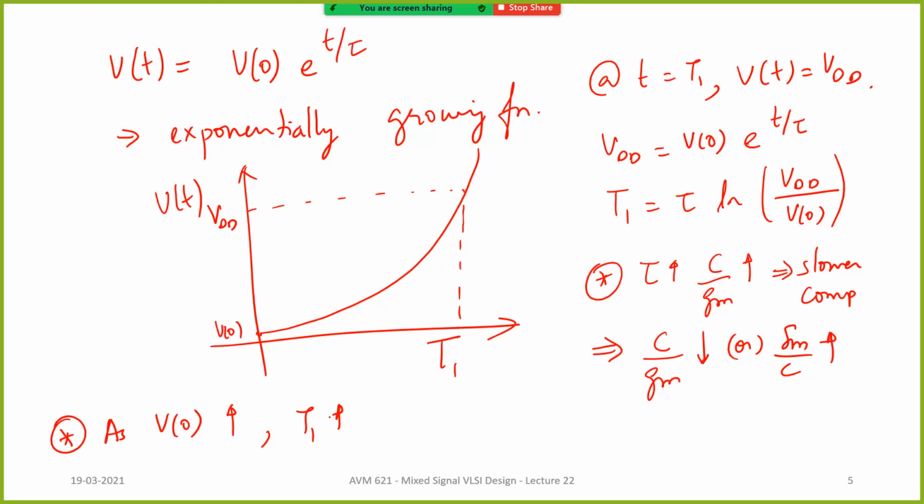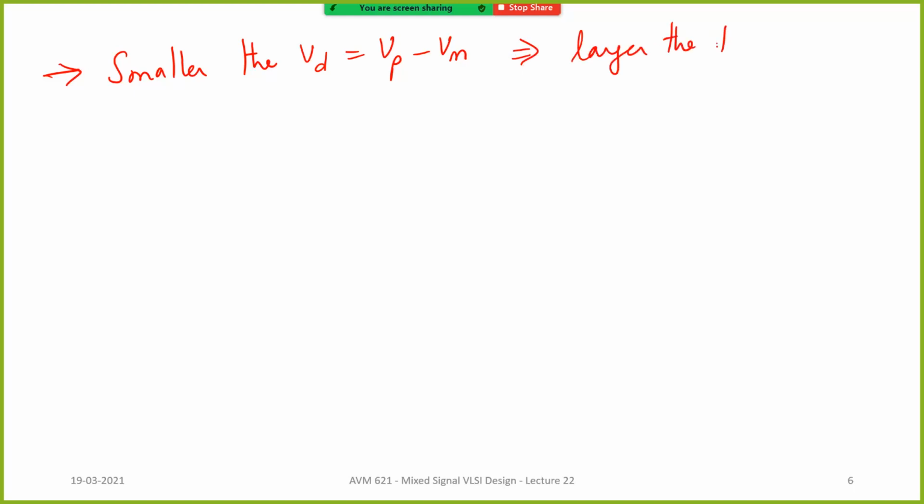In other words, the smaller the voltage, or the smaller the VD, which is given by Vp minus Vm, the larger the time taken.